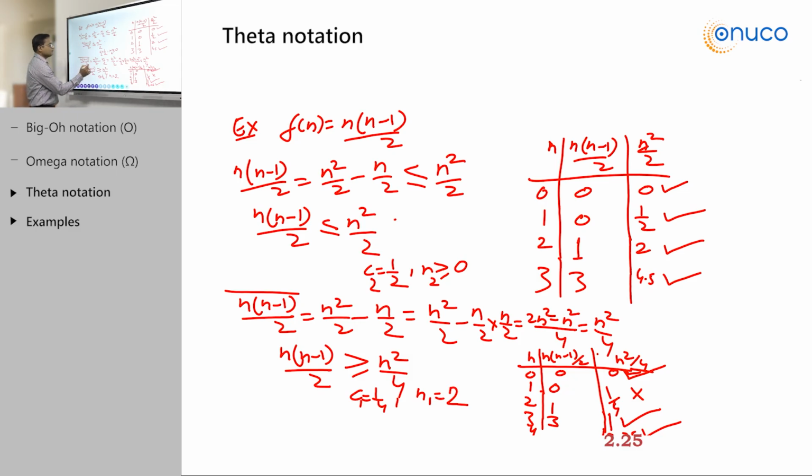Once that is done, you are going to write it together. How are you going to write it together? First, the lesser value: n square by 4 must be less than or equal to n into n minus 1 divided by 2, which must be less than or equal to n square by 2.